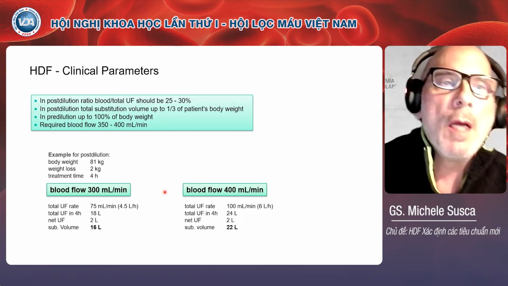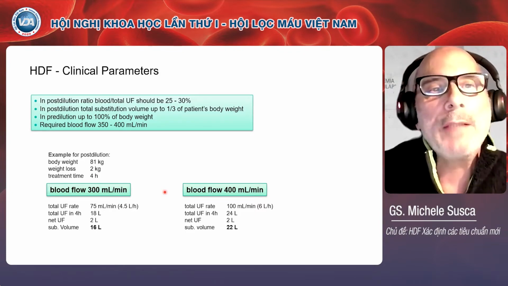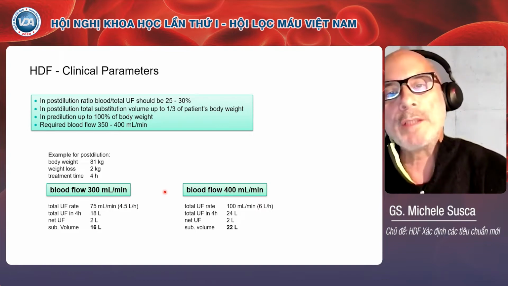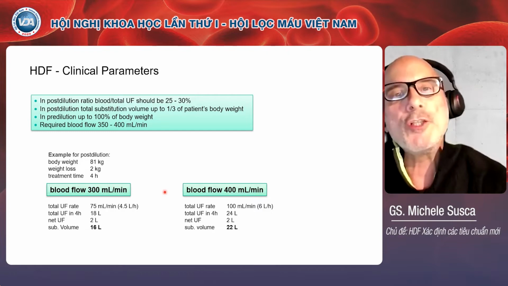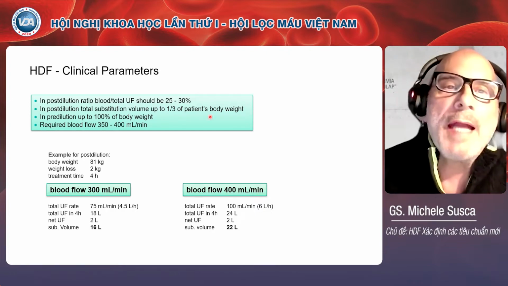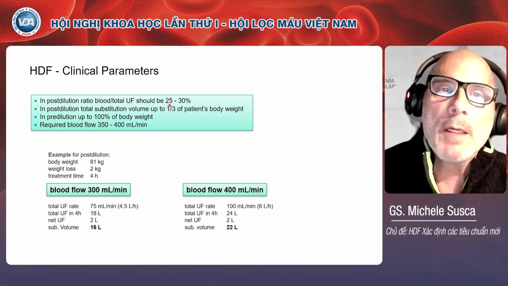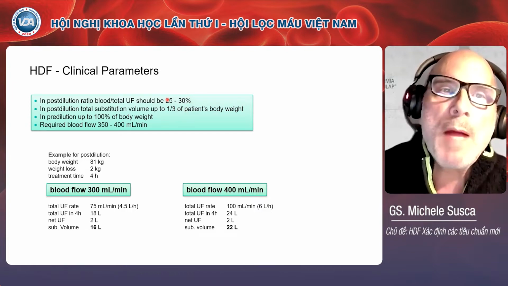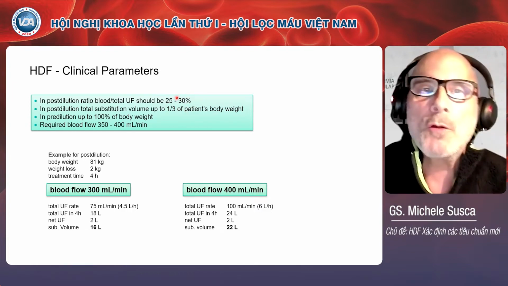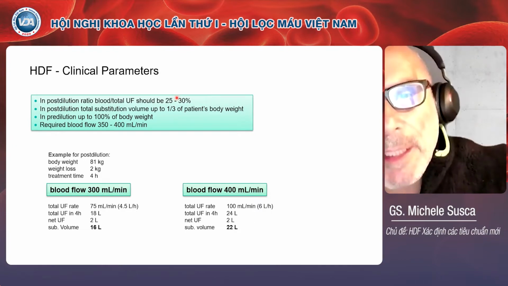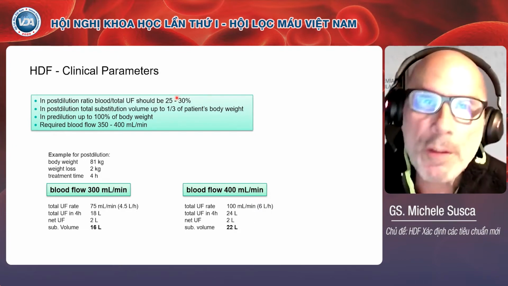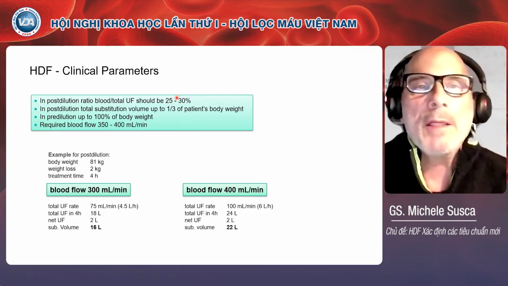The ratio between blood flow and total UF flow, the so-called filtration ratio, should be not more than 25 to 30%, because in case we remove too much fluid from the blood, the hematocrit would increase too much and we would get clotting problems in the filter. This is important, but it is also controlled by the machine.